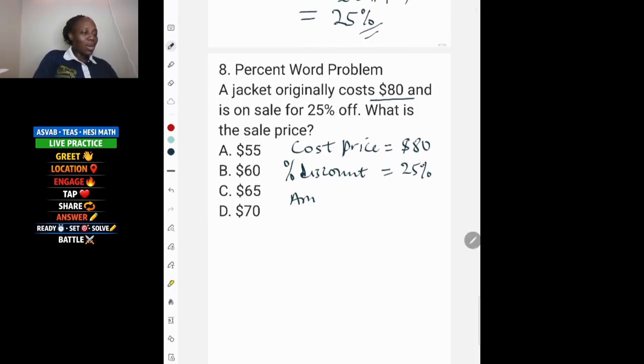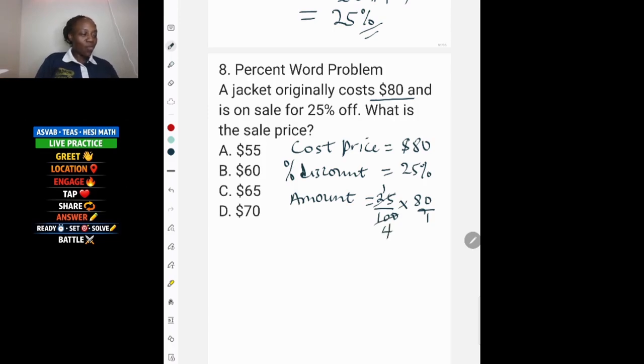So what is the discount amount? So the discount amount will now be 25% of 80, right? 25 over 100 times 80 over 1. For me, once you have 25 and 100, just say how many 25 in 25? 1. Then how many 25 in 100?